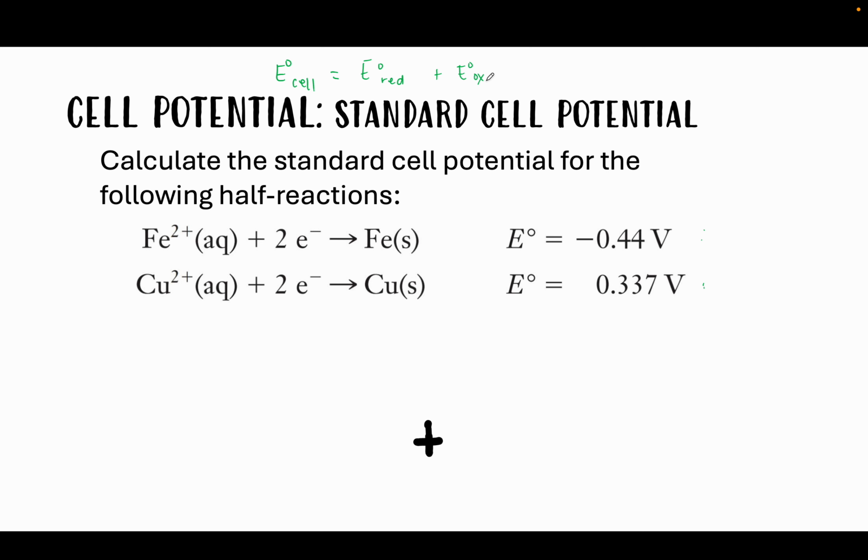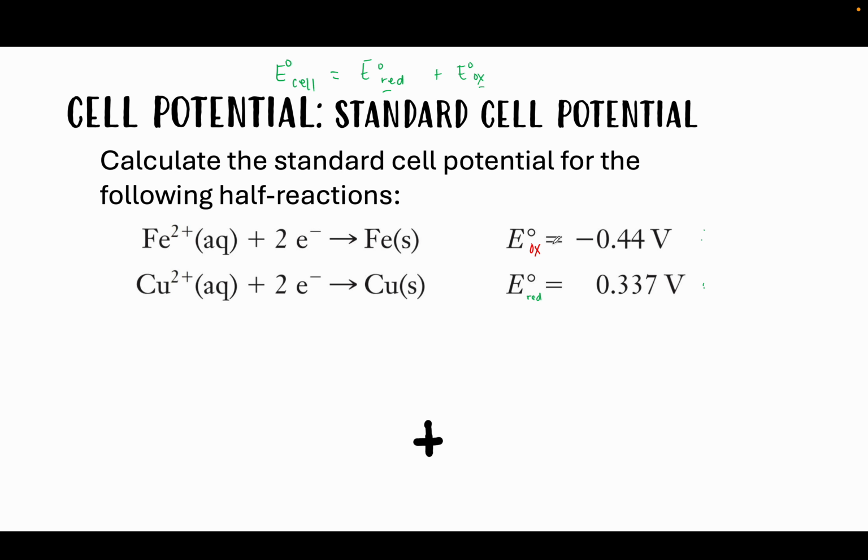Okay, so this is cathode, anode. In this case, if we assume that this is more positive, then this is the cathode, meaning this will be reduction. And this leaves us the other half reaction as the oxidation half reaction.